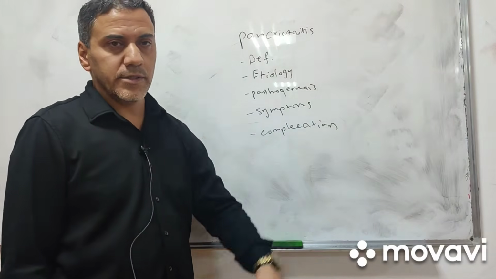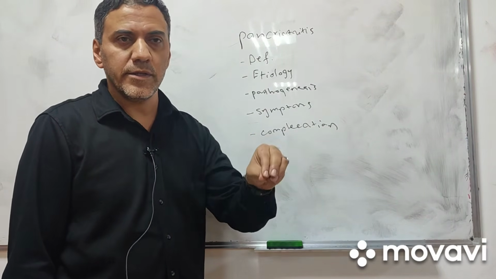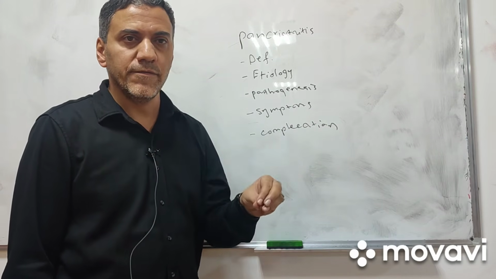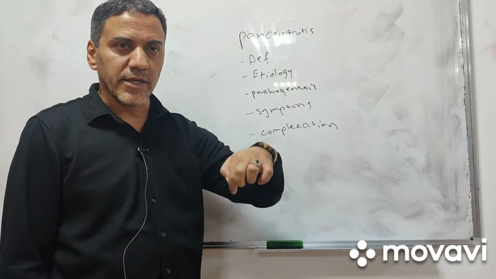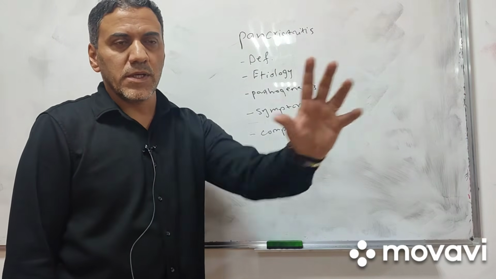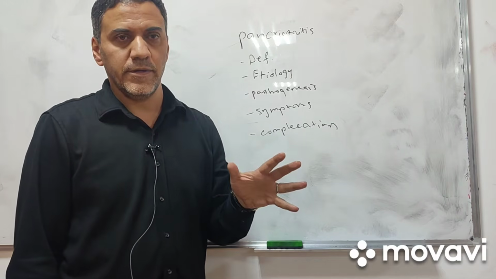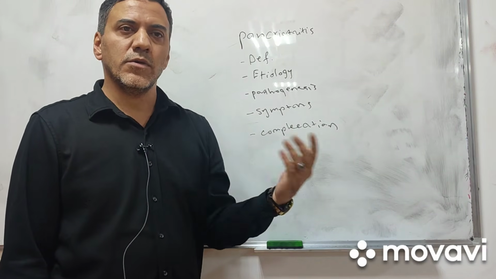The main mechanism of pathogenesis of pancreatitis is early activation of pancreatic enzymes inside the pancreas. Normally pancreatic enzymes inside the pancreas must be non-active. They become active only when they leave the pancreas into the duodenum.